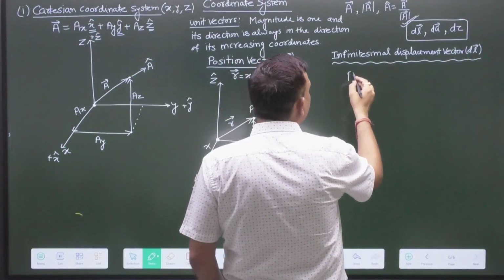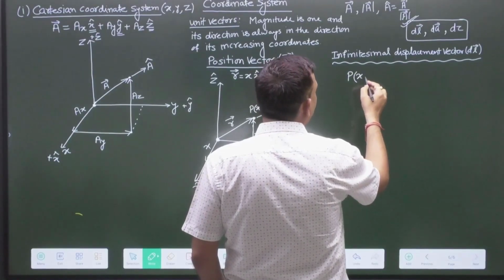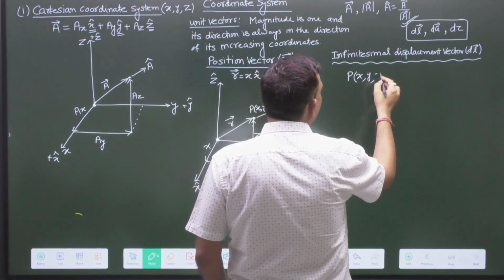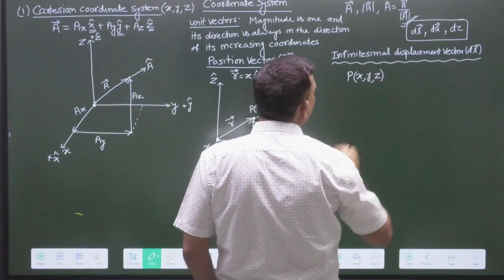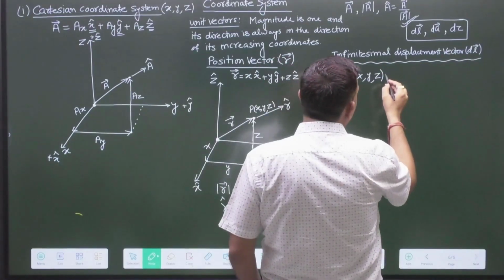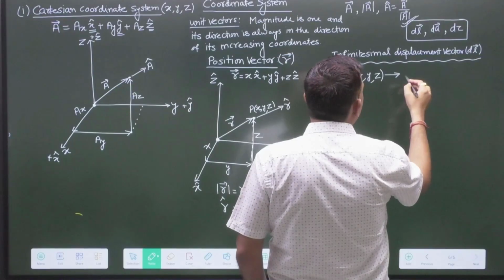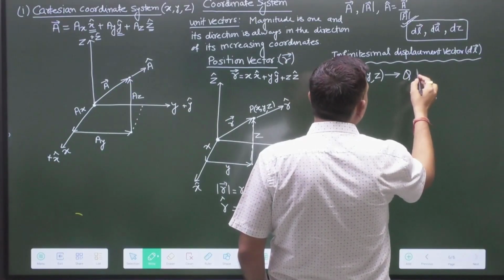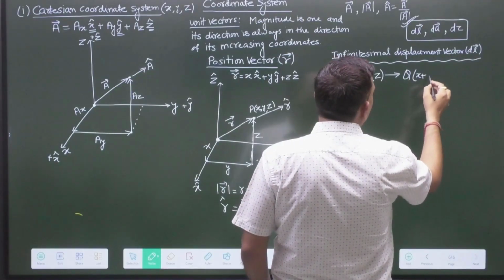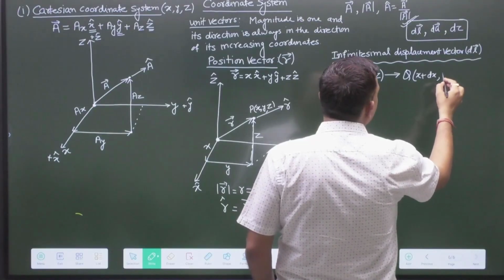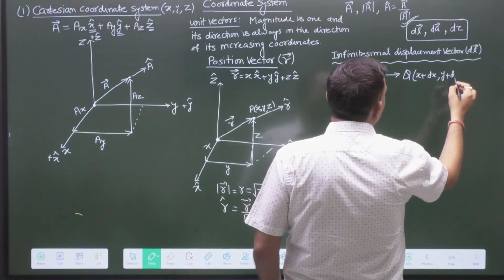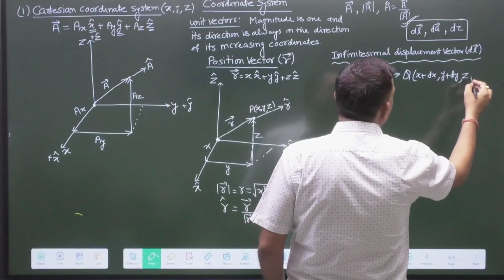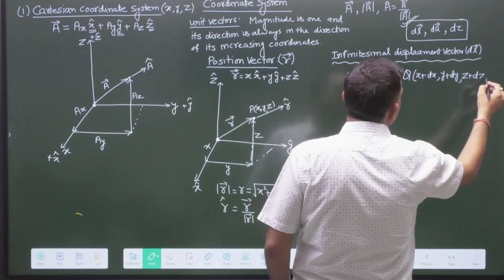Let's say you are at point P whose coordinates are X, Y, Z. And if you change X, Y, Z by elemental changes, X by dx, Y by dy, and Z by dz.